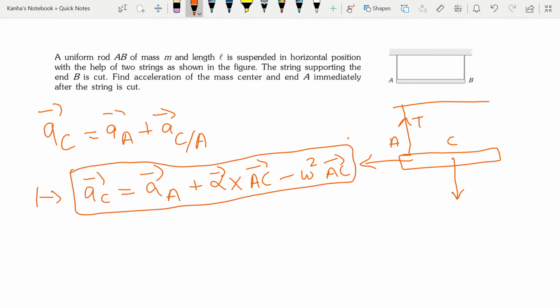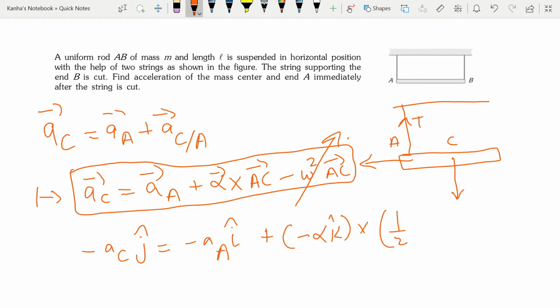Now, immediately after the string is cut, the rod cannot acquire any angular velocity, so the last term in the above equation will just vanish. We are left with minus AC times j cap is equal to minus AA times i cap plus minus alpha k cross product with half L i cap.